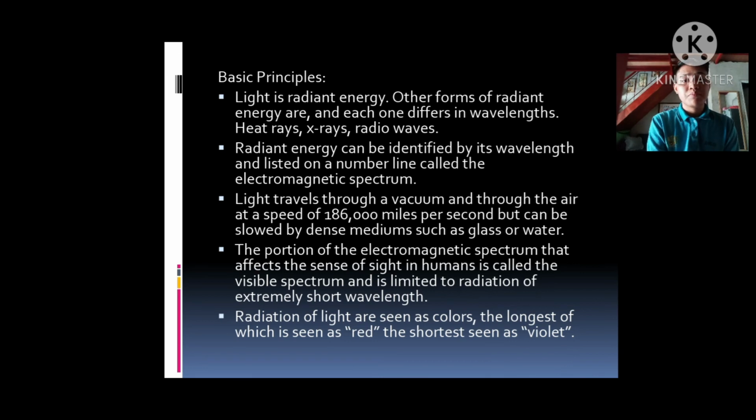As said earlier, the longest color we can see in the radiation of light is red and the shortest is violet.